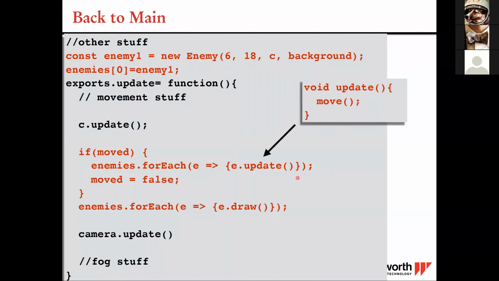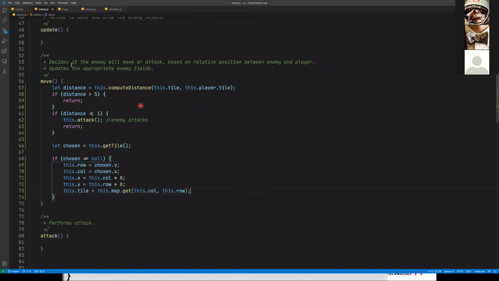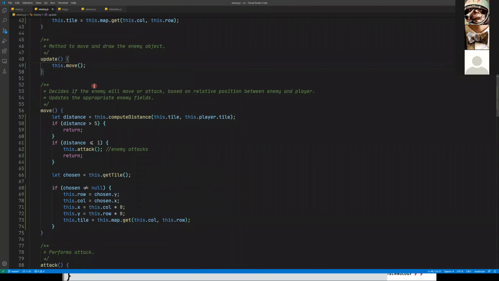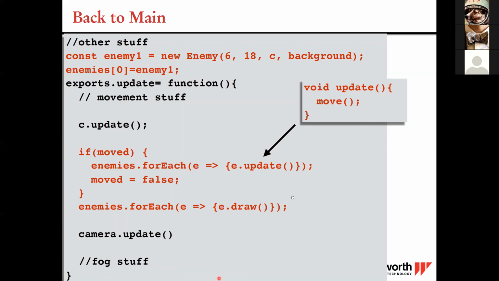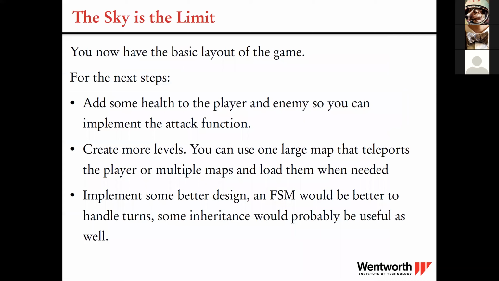So if you want to do something else when you update the enemies, maybe they have to reload a ranged weapon or something, then you could always put that in there as well. But for now, it's just going to be move. So in the enemy class, for update, we're going to say move, which should actually be this dot move. Okay, and a few pop-ups, and good.